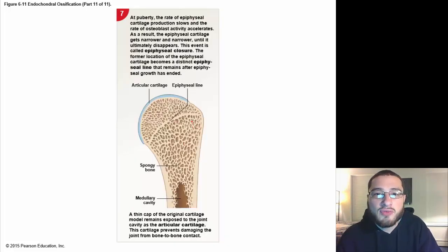At puberty, the rate of epiphyseal cartilage production slows and the rate of osteoblast activity accelerates, and towards the end of puberty, this metaphysis is going to close off. It's not going to have cartilage there anymore, and that's where your growth ends. We call that epiphyseal closure.